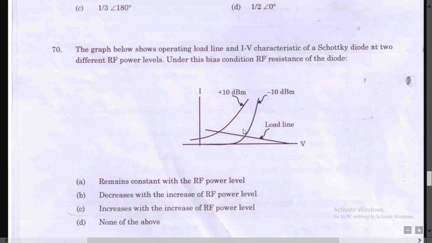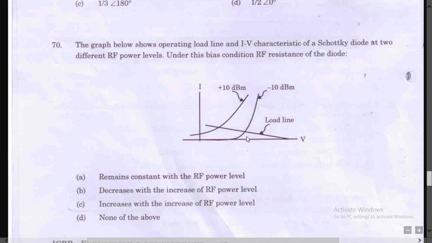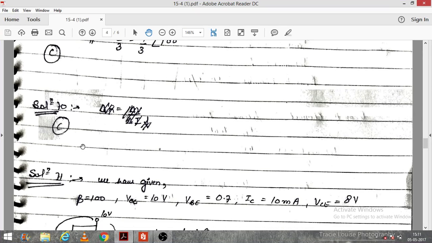So this is less in comparison to the previous value. The current is decreasing, so simply the resistance is increasing. So C will be the answer. Resistance will be increasing with an increase in the RF power level. So from that particular graph the answer will be C.